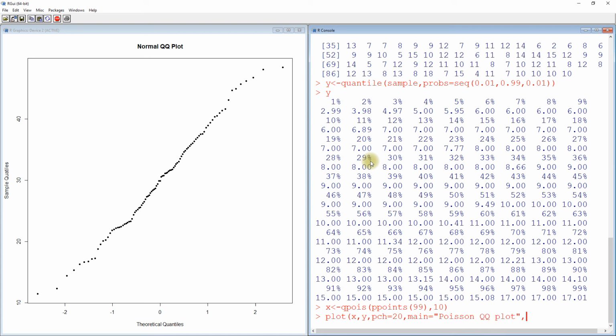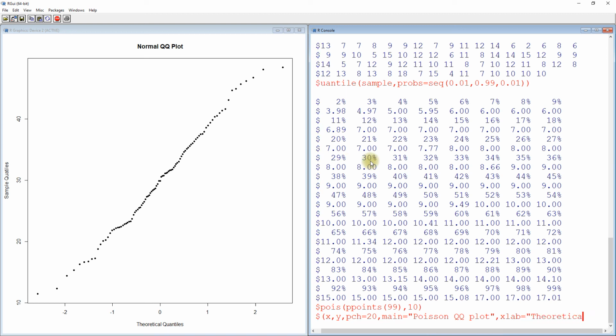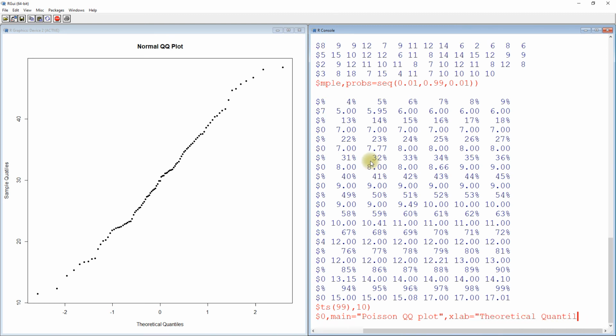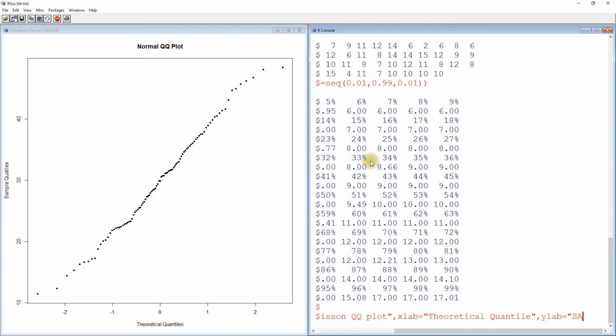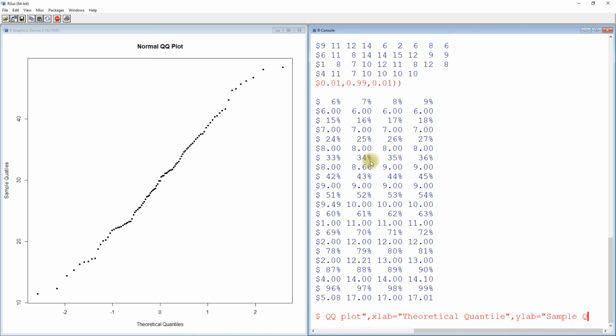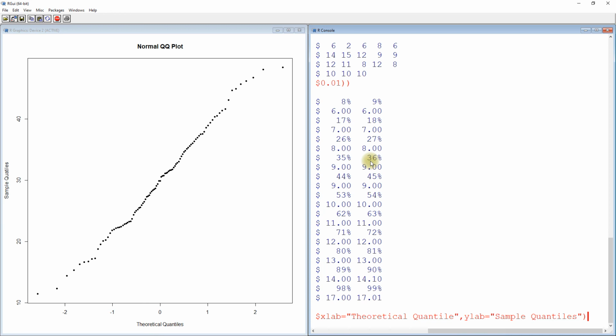And then our xlab is theoretical quantile, our ylab equal to sample quantile.